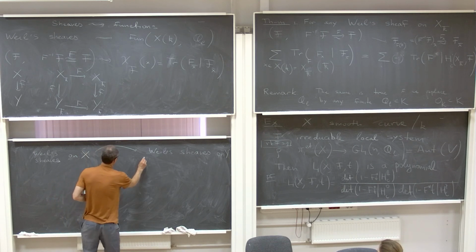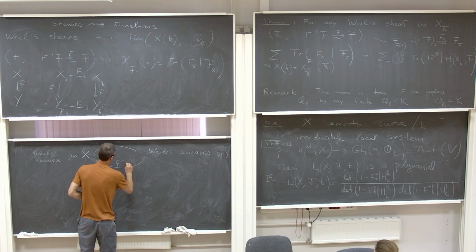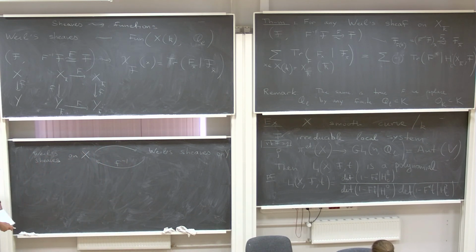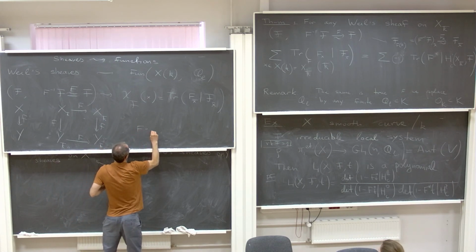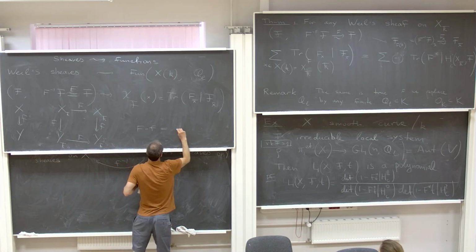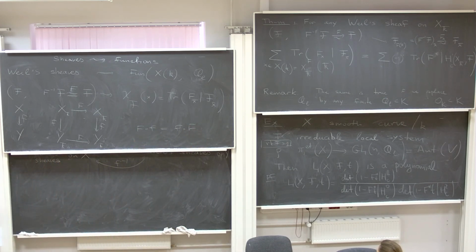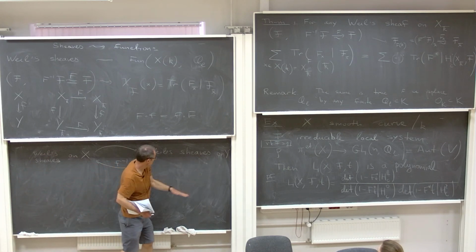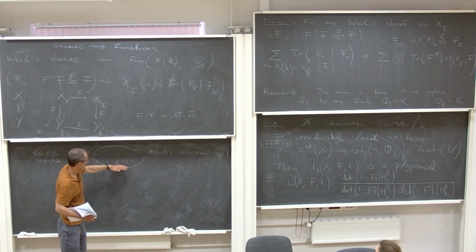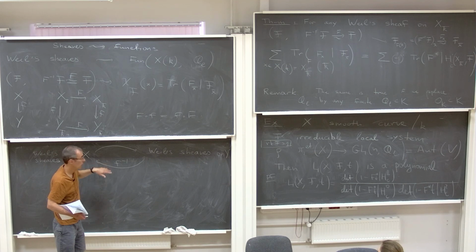First of all, I have the inverse image, right? Using that f commutes with the Frobenius, you see that a Weil structure on a sheaf on Y gives you a Weil structure on its inverse image, formally. Right?